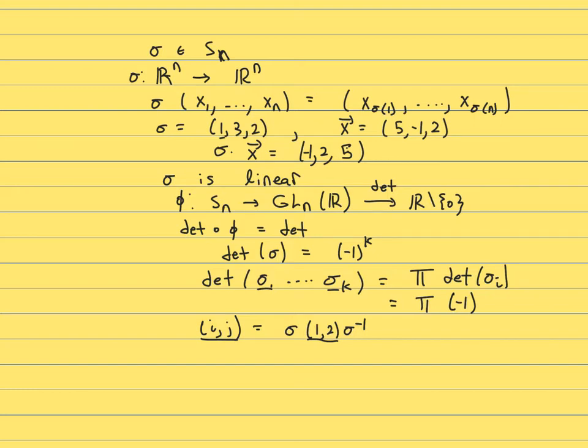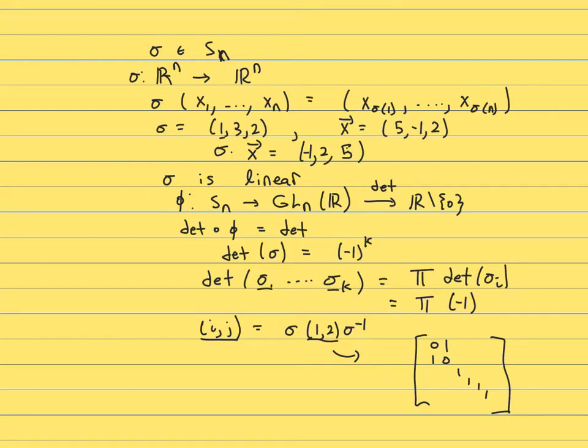The corresponding matrix there is one of the elementary matrices you study in linear algebra, and you prove in linear algebra that the determinant of that matrix is -1. And so, voila, the determinant of a transposition must be -1, and so you do get this result.